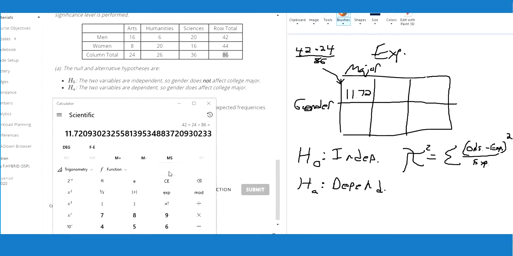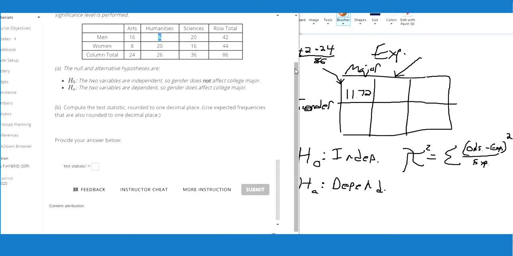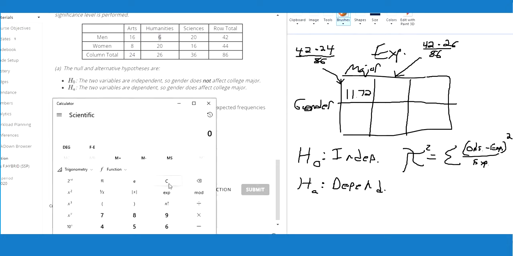And just to make sure we're all on the same page, let me show you the full calculation for men that chose the humanities. The row total is 42. The column total is 26. So you multiply the row and the column total and then divide by the grand total. 42 times 26 divided by 86, 12.7 we'll say.